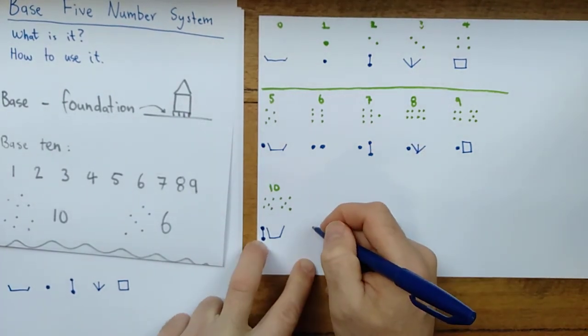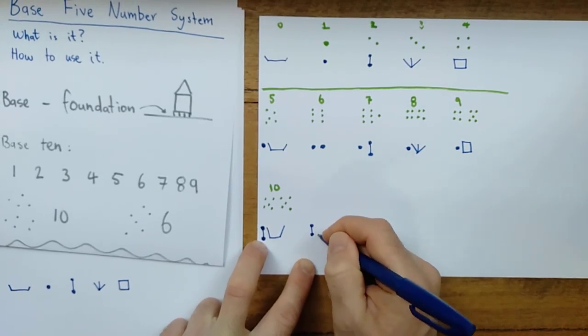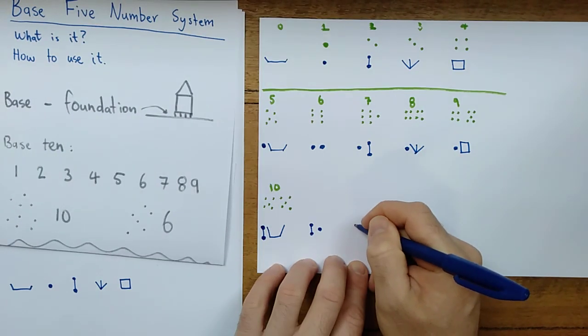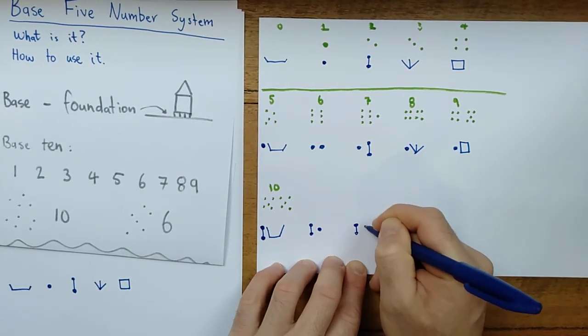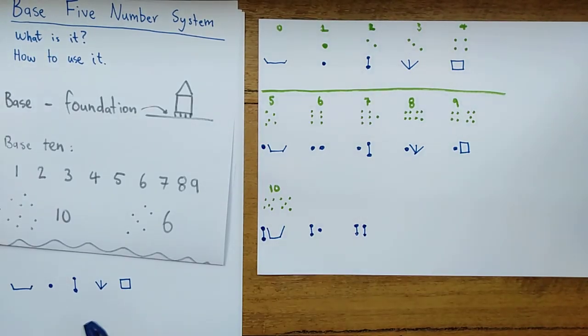Or if I want 11, 2 in my 5s column, add 1 to it. 2 in my 5s column, add 2 to it, will give me 12.